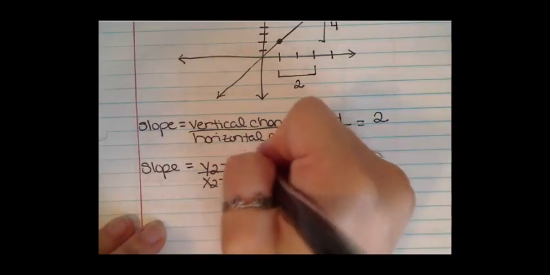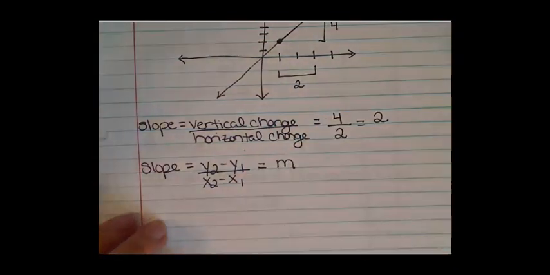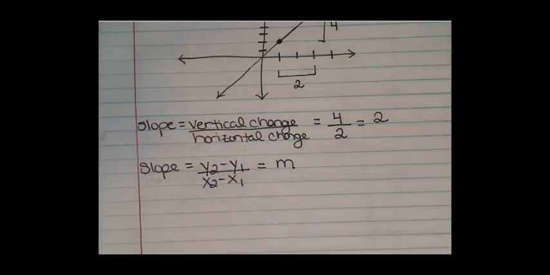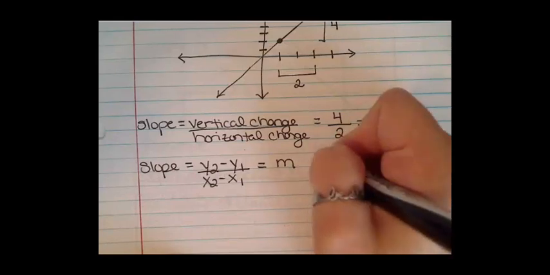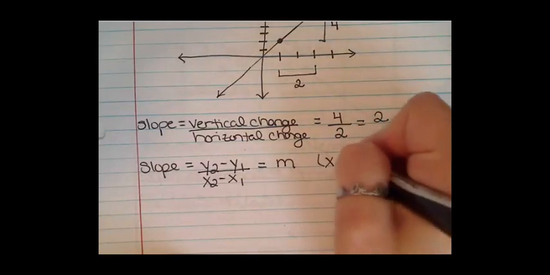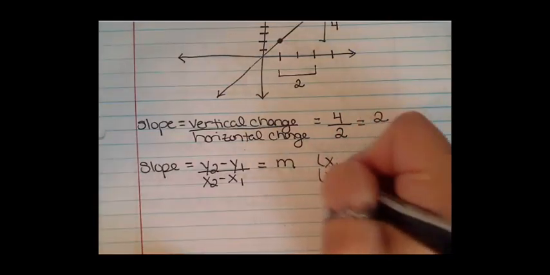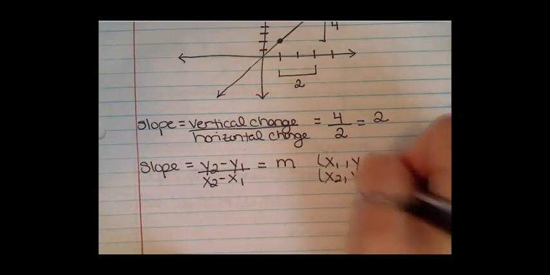And slope is usually abbreviated to an m. I know that's weird. I actually don't remember why it's abbreviated to an m. It's just abbreviated to an m. Now the x2 and the y2 and all that, that's for 2 separate points. So you have an x1, y1 point, and you have an x2, y2 point.